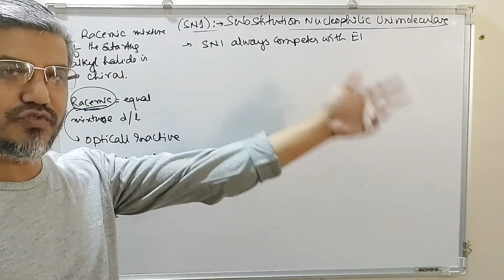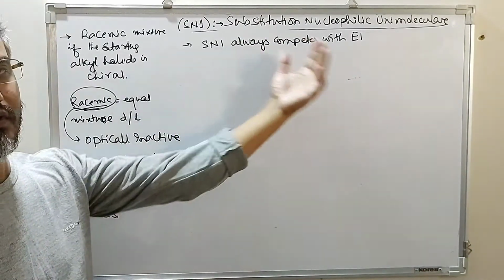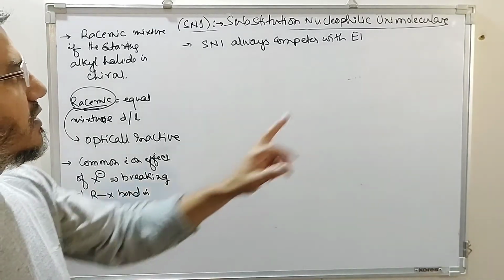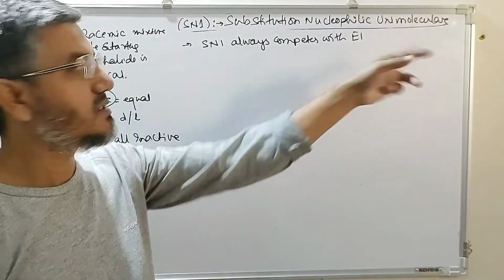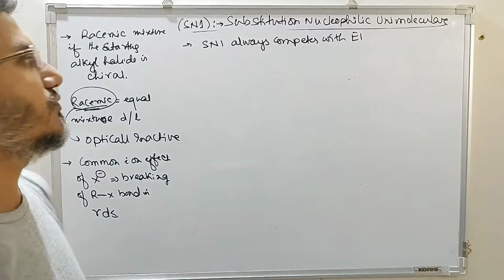Both are two-step reactions, both unimolecular, both require polar protic solvent. The only difference is E1 requires base, SN1 requires nucleophile.